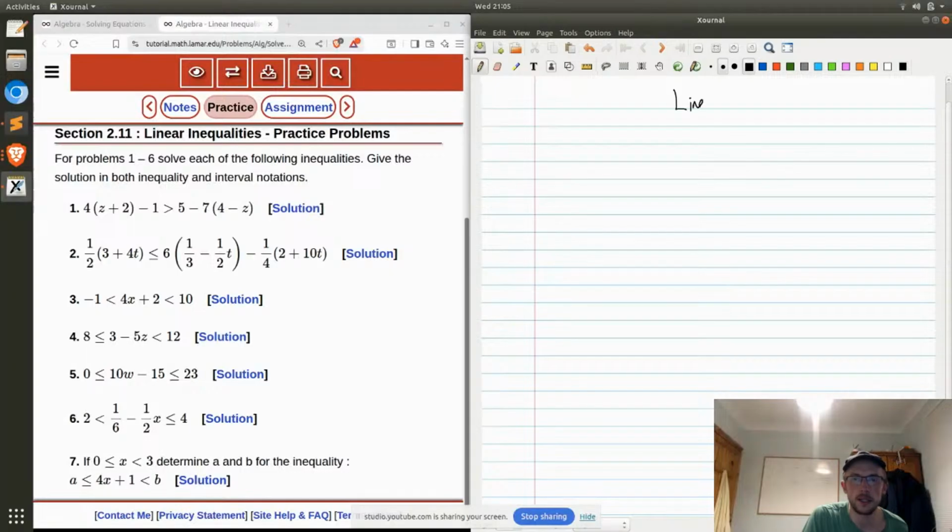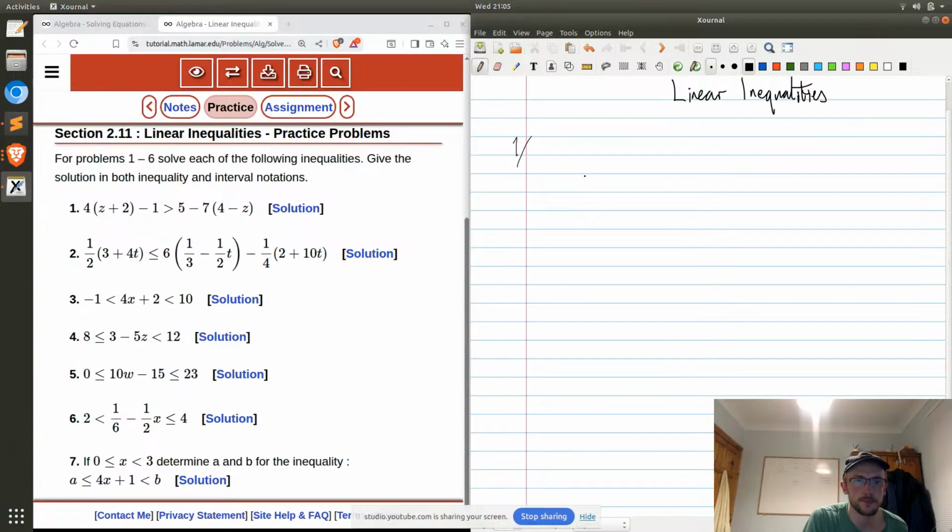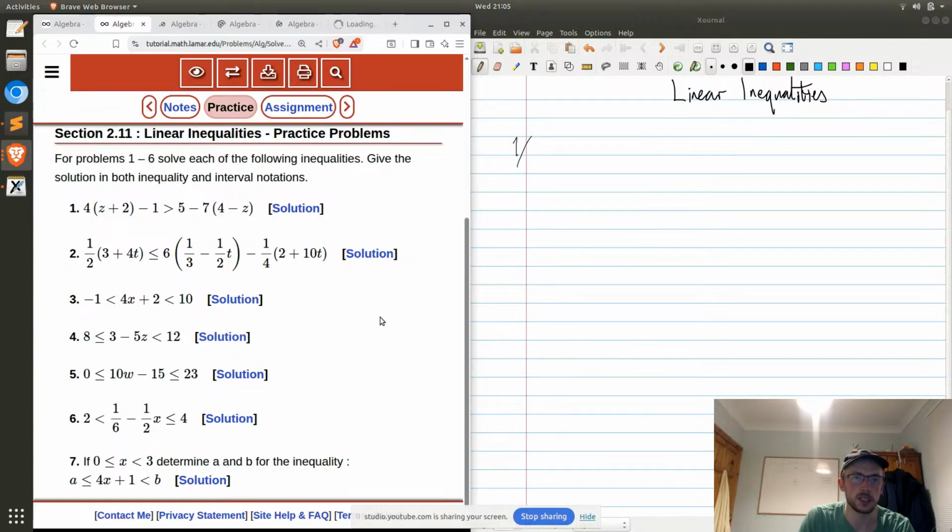Linear inequalities. And thus we commence. Give the solution in both inequality and interval notations. All right, so just the first 4 to start us off with.